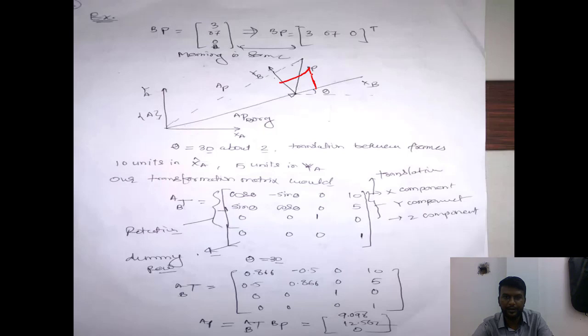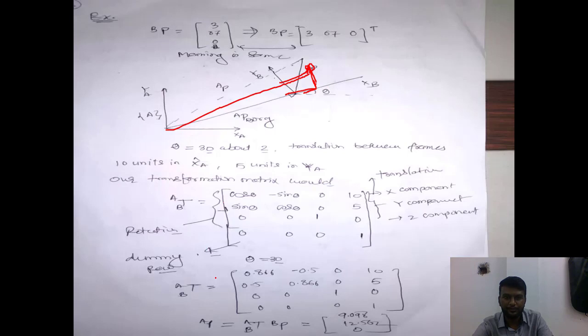These two are defined in frame B, so the distance from the origin is 3 here and 7 here, right? But I want to know the distance from this point. So this is going to be a very big distance, because there is a huge distance between this frame and this frame, right?